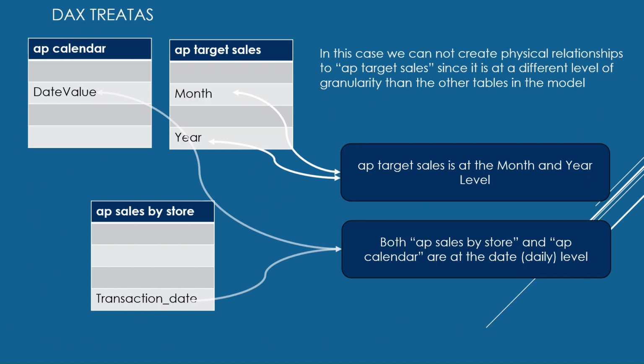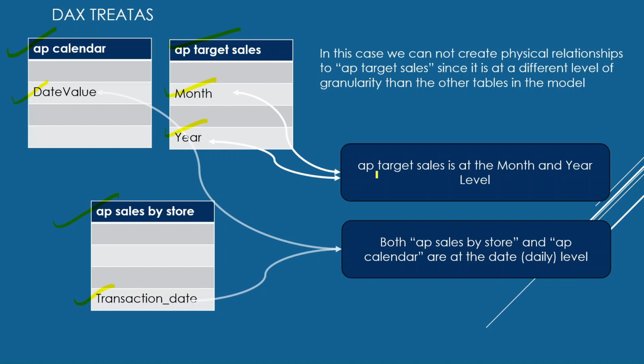Let's understand the TREATAS function with the help of this pictorial representation. This is the calendar table, this is the date value, this is the target table, and this is the month, and this is the year, and this is the AP Sales by Store table, and it has a transaction date.